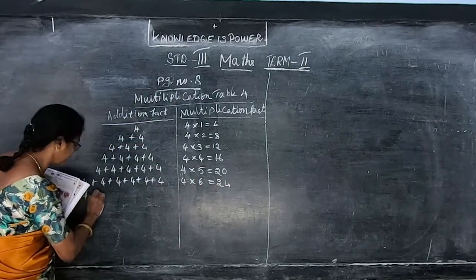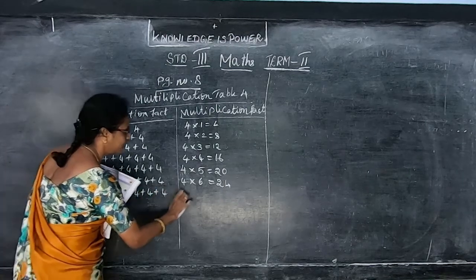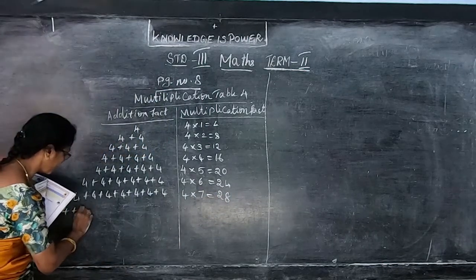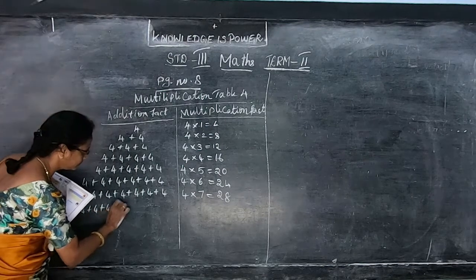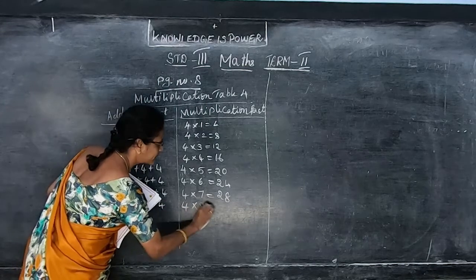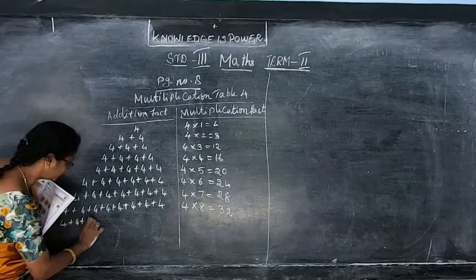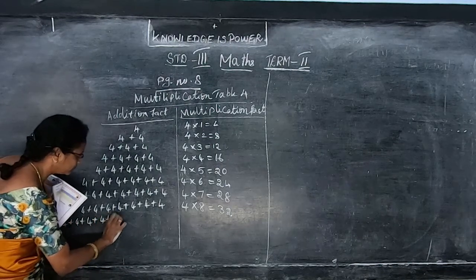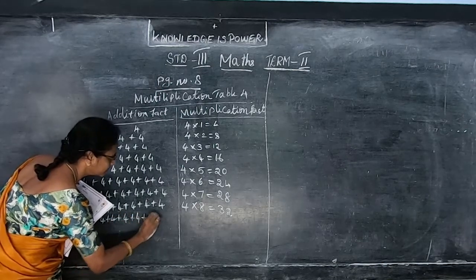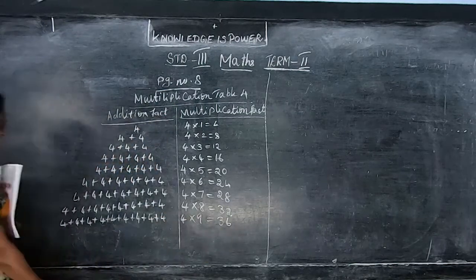Then 7 times, 4 sevens are 28. Then 8, 4 eights are 32. Four nines are 36 and 10 times.